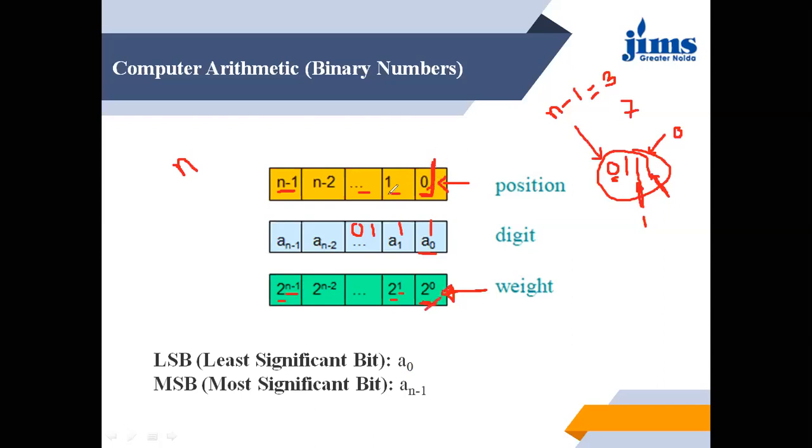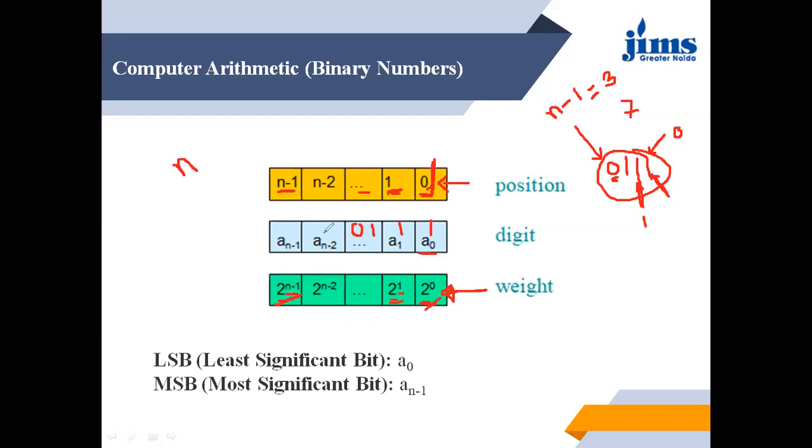The weight corresponding to this digit is 2 raised to the power 1, and the weight corresponding to position n minus 1 is 2 raised to the power n minus 1.